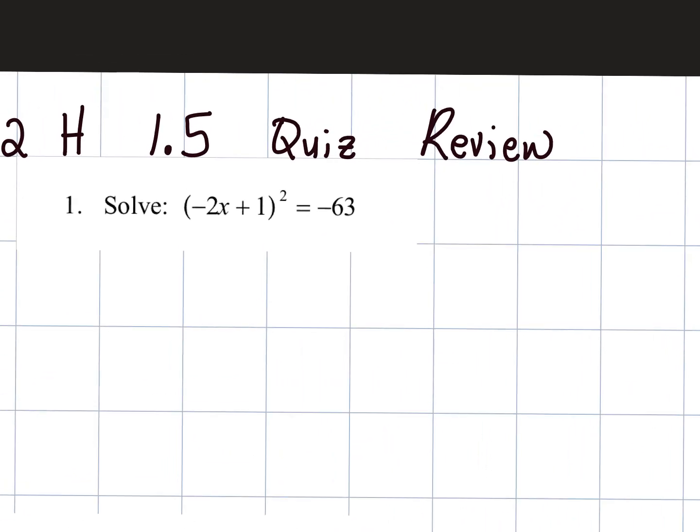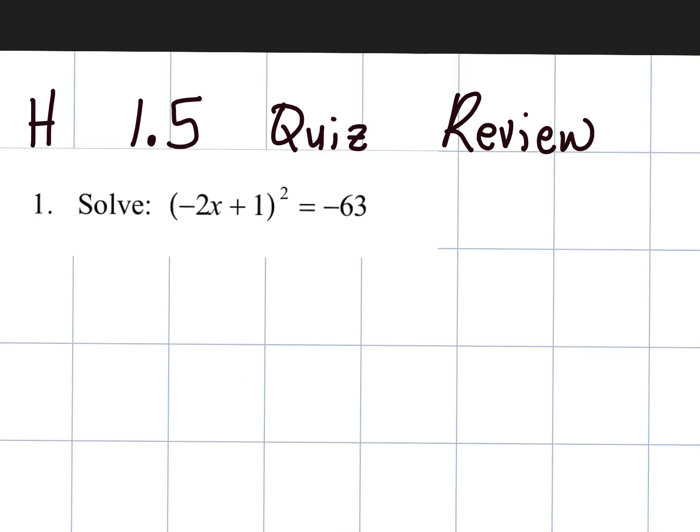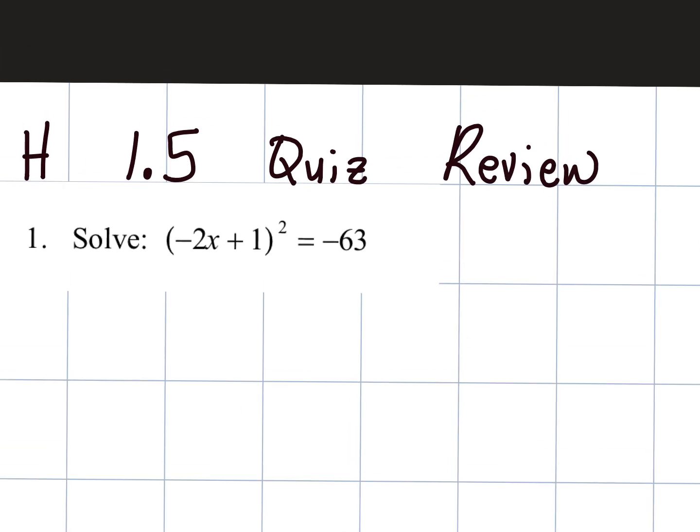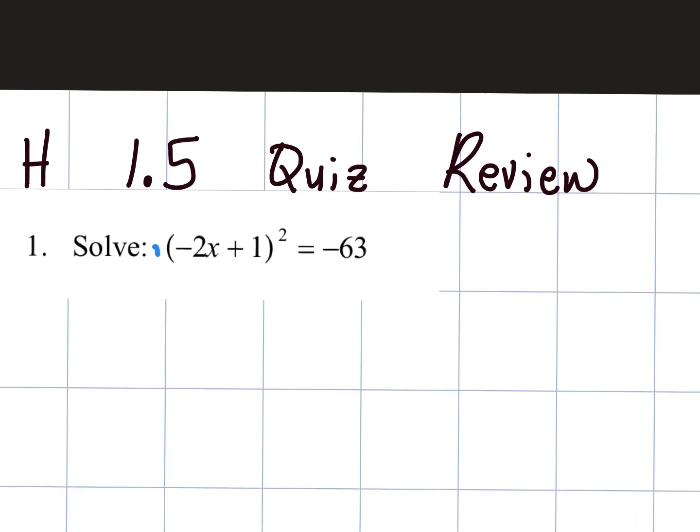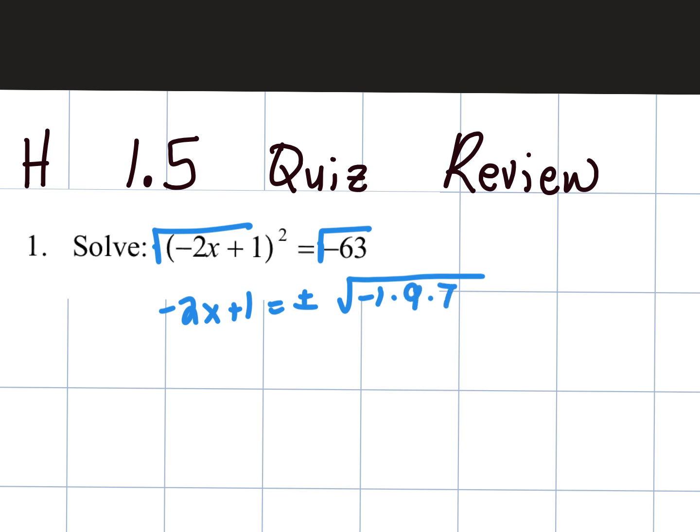So here we go. Number one, as this is set up, you can see that you have a binomial squared. It's all by itself, and it's set equal to a number. So the most efficient thing to do would be for us to take the square root of both sides. So I have negative 2x plus 1 equals plus or minus, and I'm going to go ahead and break up negative 63 to negative 1 times 9 times 7.